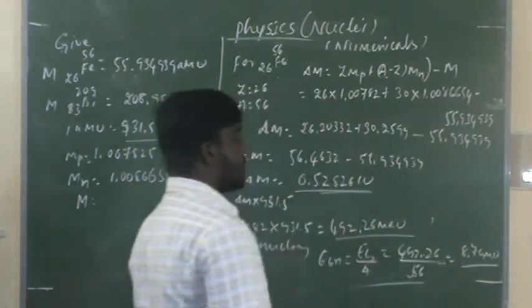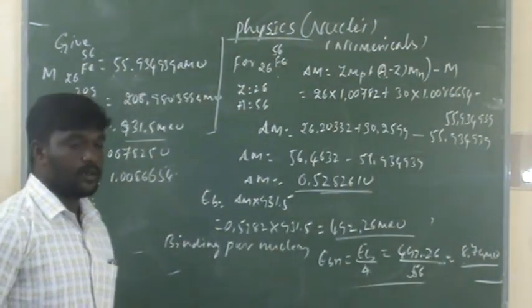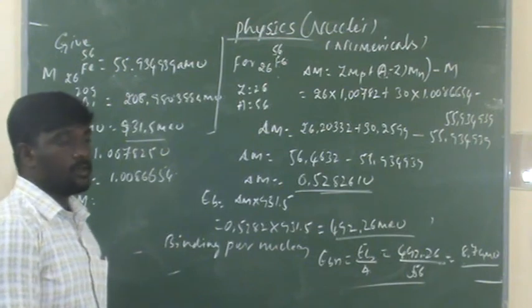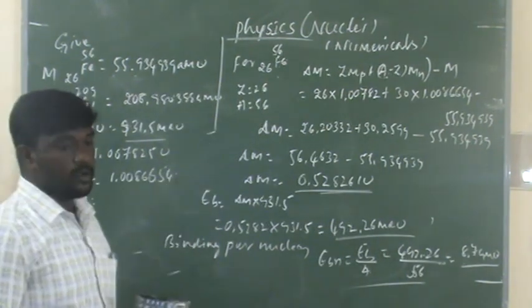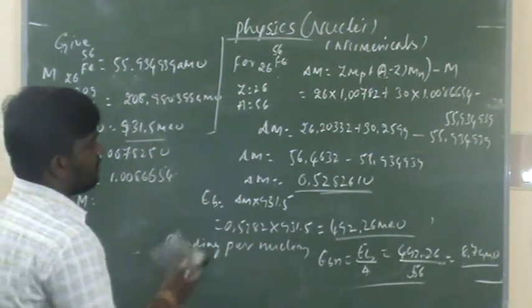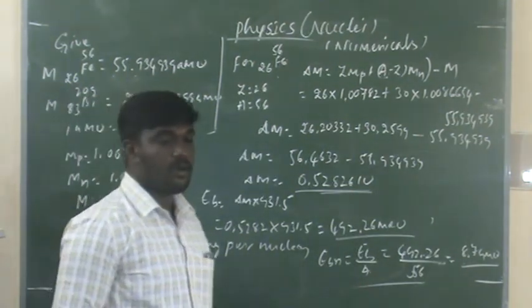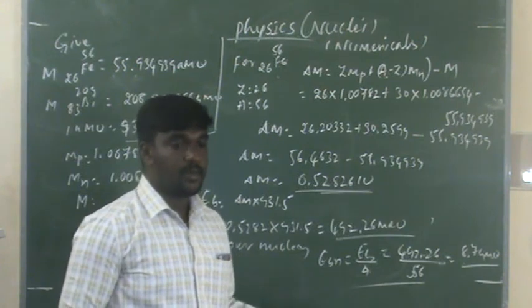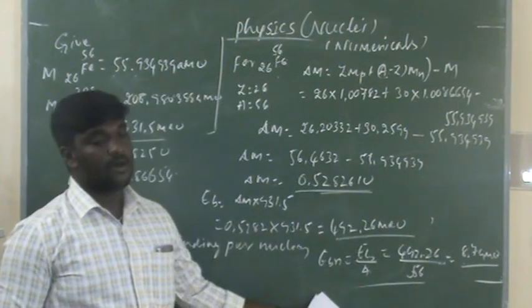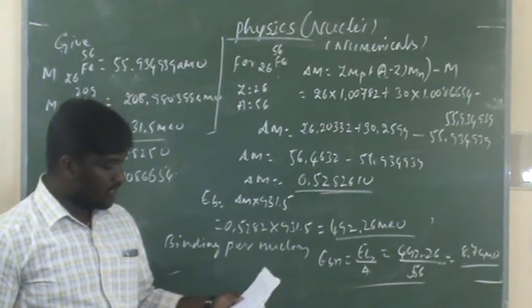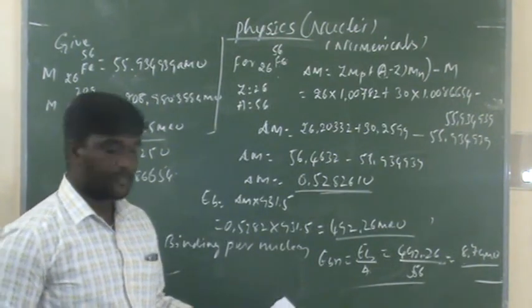This is the average binding energy per nucleon. This is the first part: for iron we calculated the mass defect, then the binding energy, and then the average binding energy per nucleon. Next we do it for bismuth.